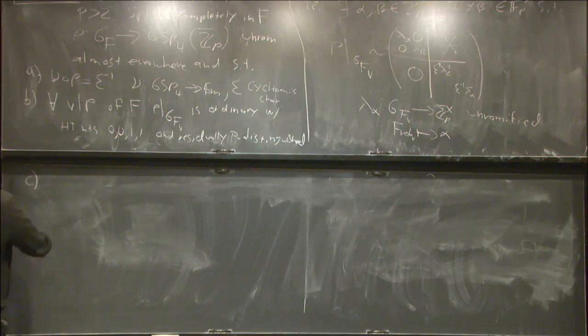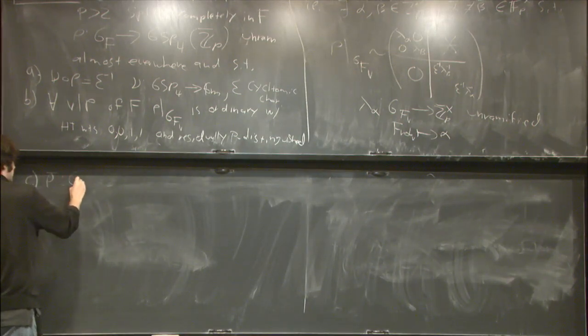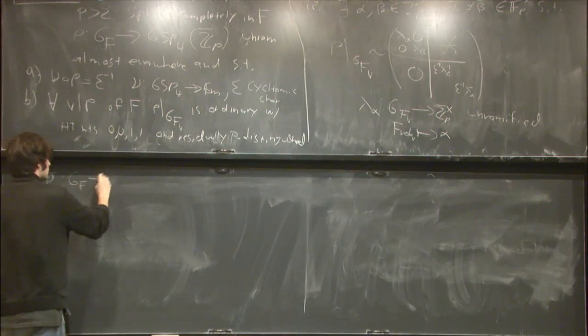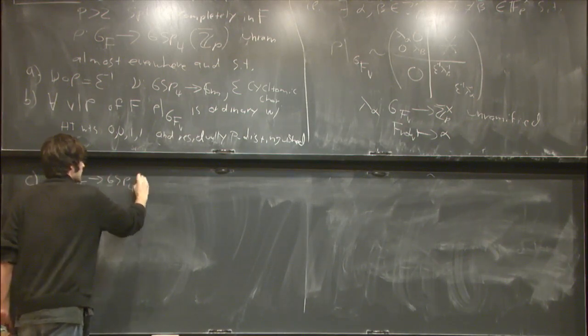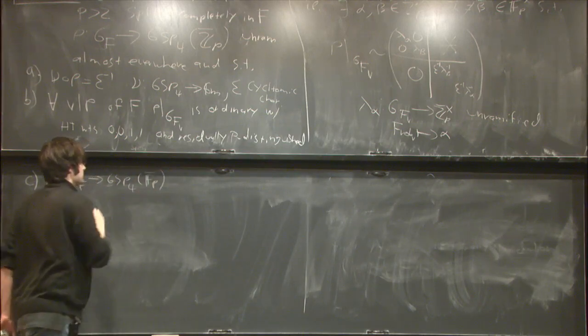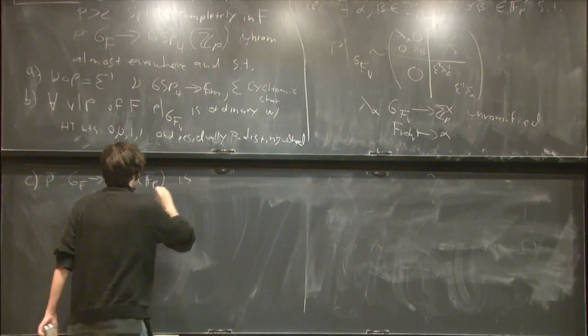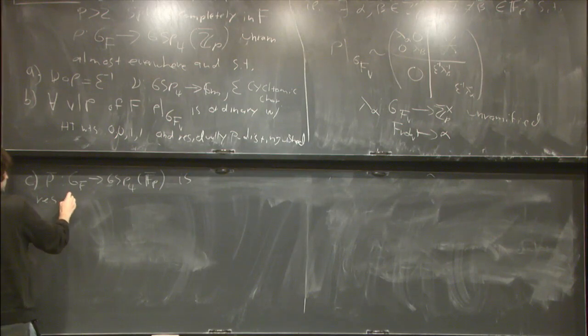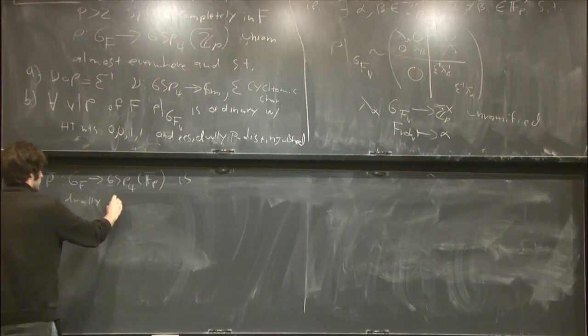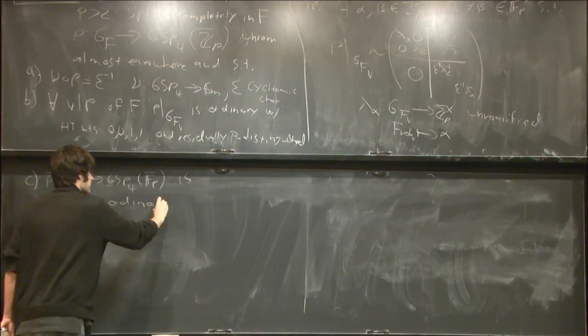C, we're going to ask that rho bar, the residual representation, is residually ordinarily modular.